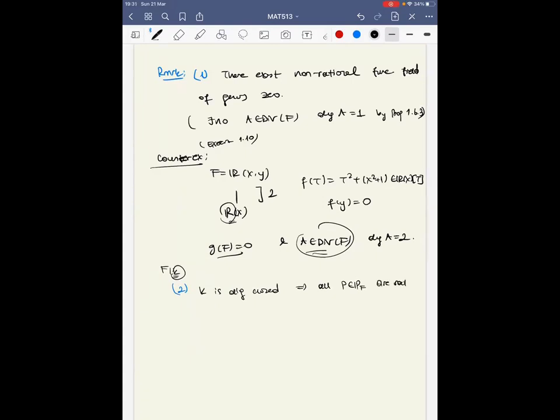So that means all places have degree 1. And this shows us the existence of a degree 1 divisor. And in this case, it will be enough to characterize by looking only at the genus of a function field.